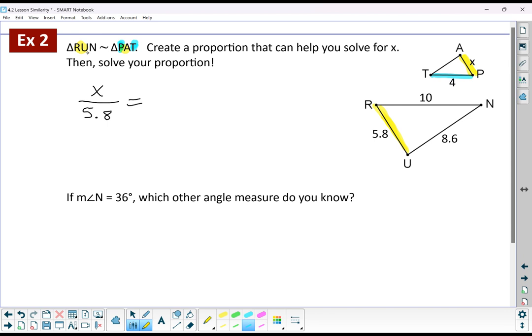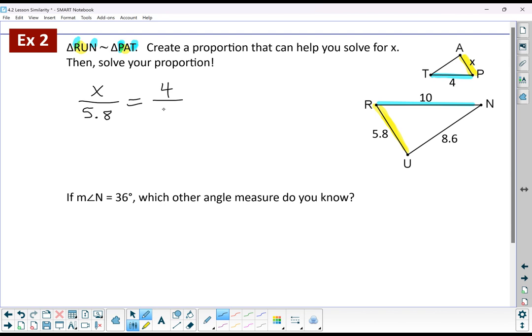So in my other triangle, I need the one that connects R and N. So that's this one right here. Sometimes you can just tell. So maybe you looked at these two triangles and you were like, I can tell that the 4 corresponds to the 10. If that is the case, great. Just using the letters in the similarity statement is a great strategy if you can't quite tell.